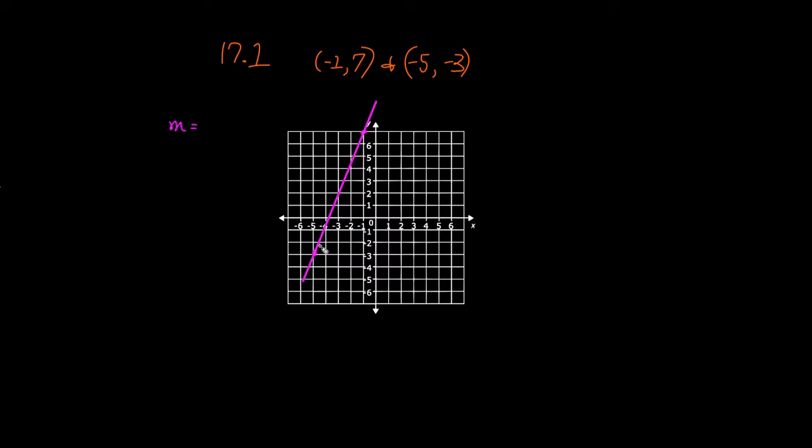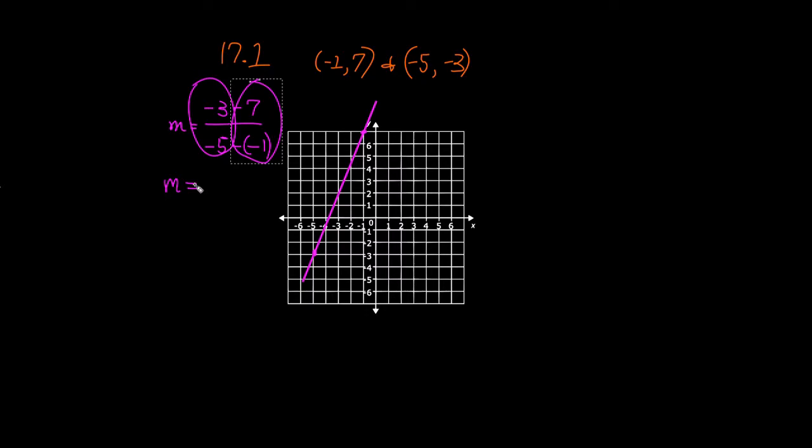Let's find the slope. So what's the slope of this line? See if you can figure it out yourself. So let's simplify this. The order that you do these in does not really matter so long as you're consistent, that this is one coordinate and that this is the second coordinate. As long as you're consistent, then your slope will be correct.